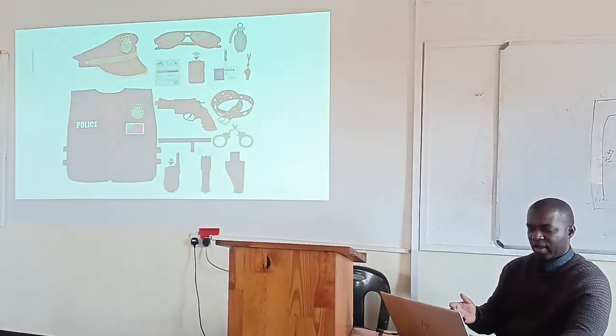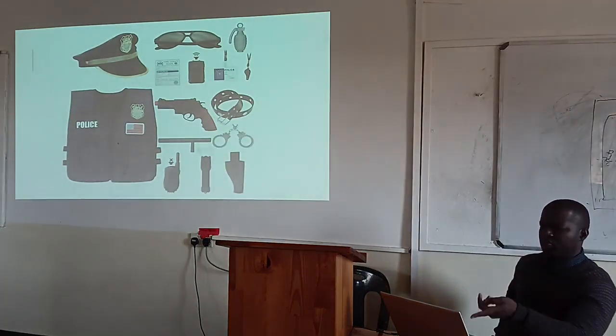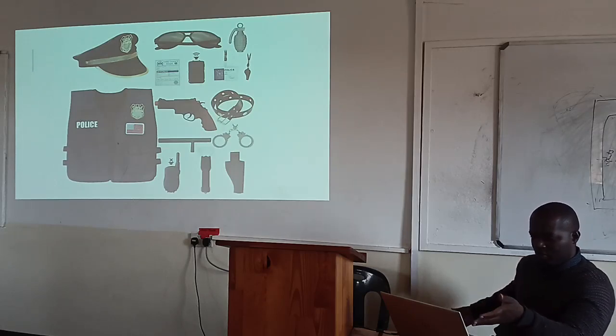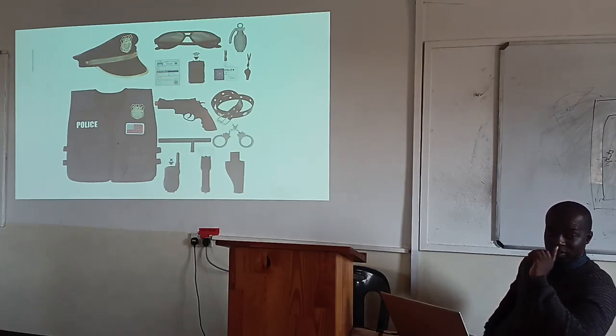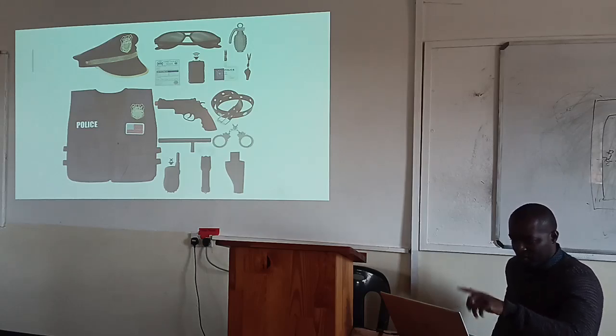But now, had you never seen a police officer before, would you be able to conclude that this belongs to a police officer? And if it was not even written there, you would not be able to conclude. But because you have seen a police officer before, you can say, okay, he's got a jacket, there's this cap, those specs.